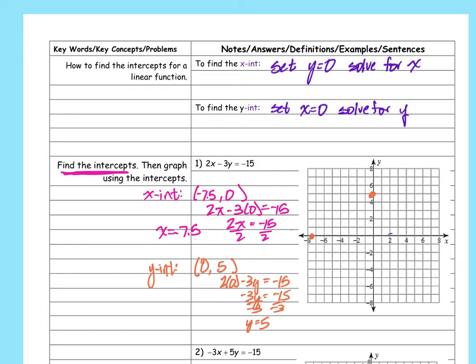To draw a straight line, I only need 2 points. I myself need more than that to draw a straight line, so this line probably won't be very straight. So there's my graph. If I have 2 points, I can draw a line between those 2 points. So I graph the 2 points and draw a line through them.